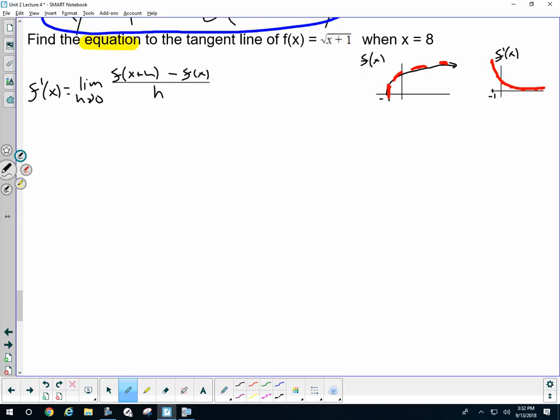Okay, everybody, plug in the correct things for f of x plus h and for f of x. Write small. We're gonna need space here. Replace f of x plus h and f of x for this specific situation.